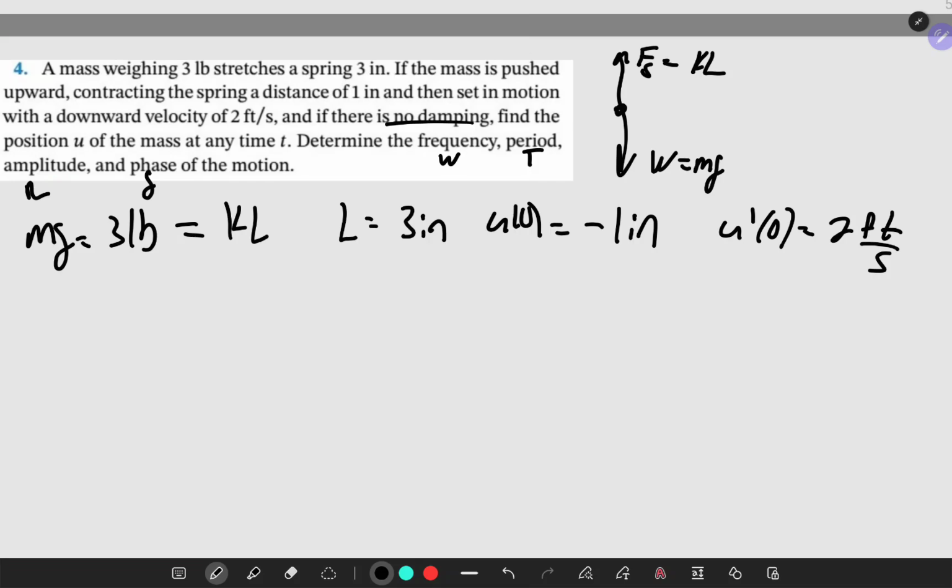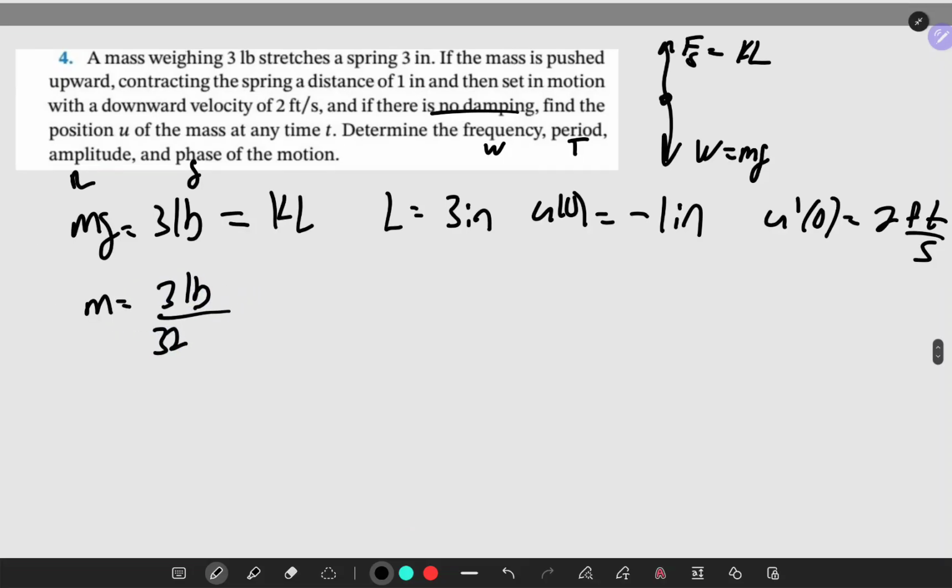So first things first, we need the mass and we need K. Mass is equal to 3 pounds over 32 feet per second squared.